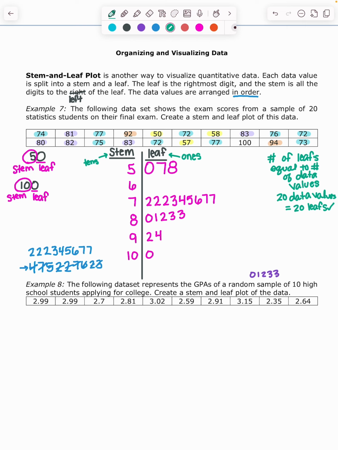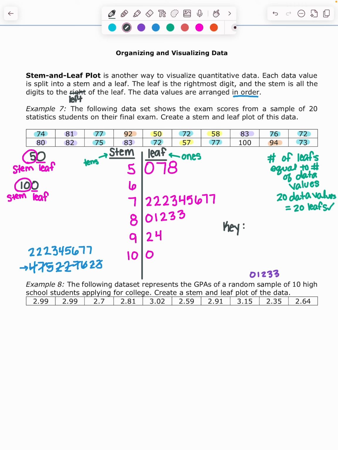So there's one more thing that I want to put on here, and that is a key. A key is helpful because it lets me know that the stem represented tens and the leaf represented ones, because these little arrows that I drew pointing at it aren't normally there. Normally we just have the line with the numbers on the left and the numbers on the right, and we have no idea: is this 5.0? Is this 7.2?